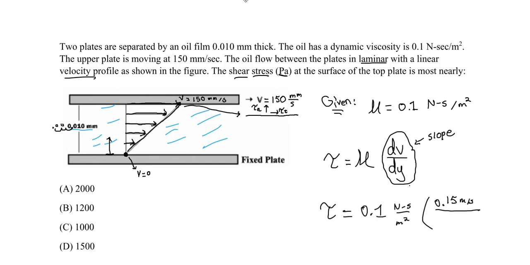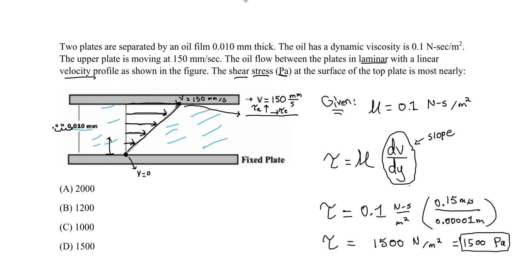So it's going to be 0.00001 meters. And we can solve for the shear stress, and I got around 1500 Newton per meter squared, which is the same as 1500 pascals. So that's our answer, and it should be D. And thanks for watching.